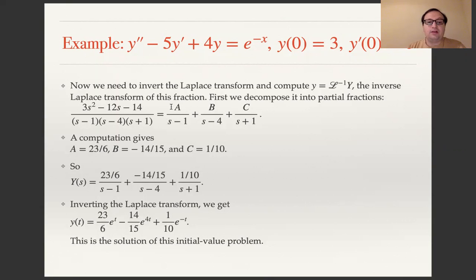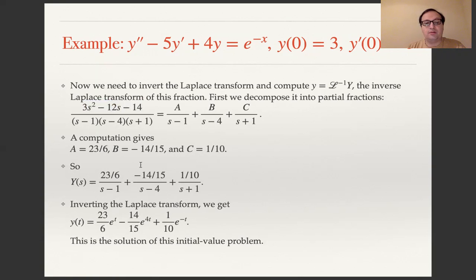And then we try to identify the coefficients of the numerator with the coefficients of the numerator on the left-hand side, so with 3s squared minus 12s minus 14. So both of them would be polynomials, and two polynomials are equal if and only if all of their coefficients are equal.